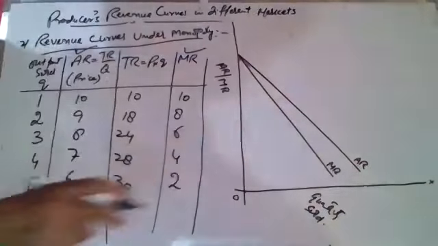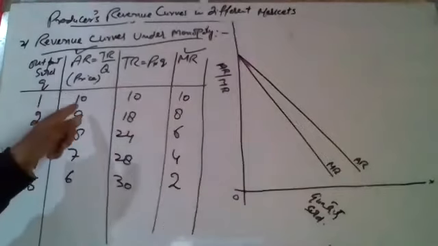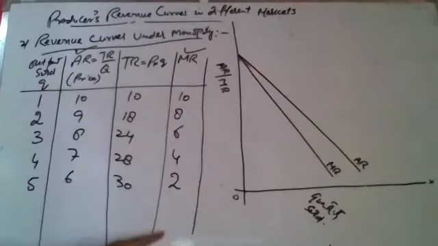Marginal revenue is always less than average revenue. Here average revenue is more, marginal revenue is less. So the average revenue curve will remain above the marginal revenue curve. Now tell me, what is the shape of the revenue curves in monopoly?